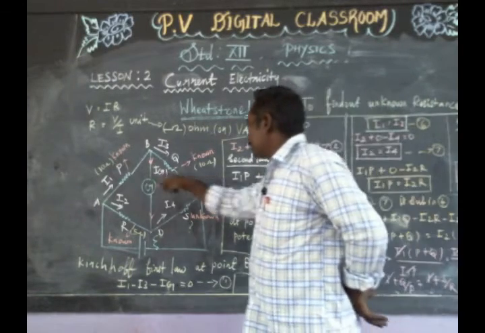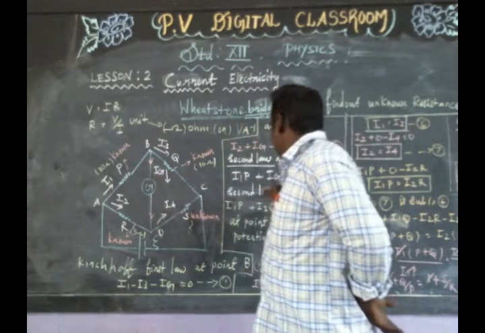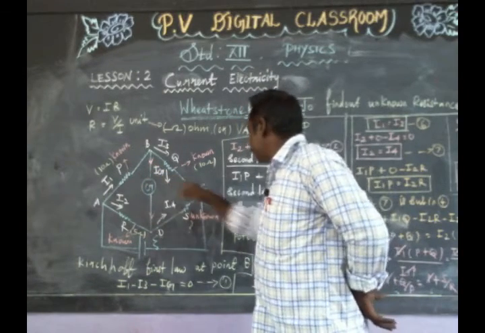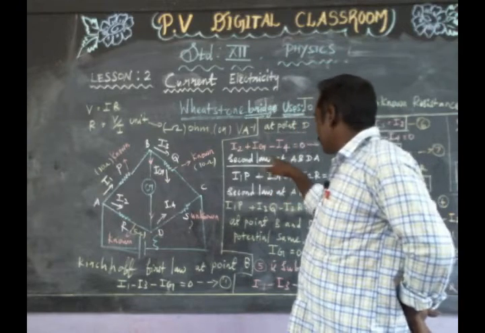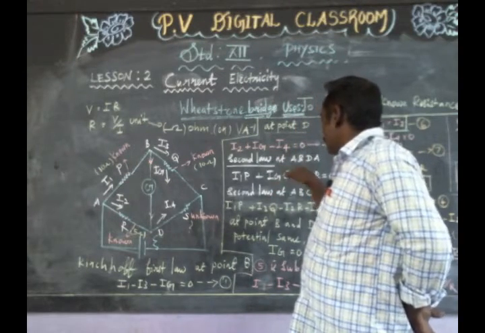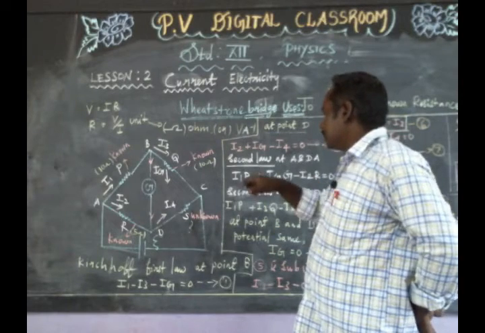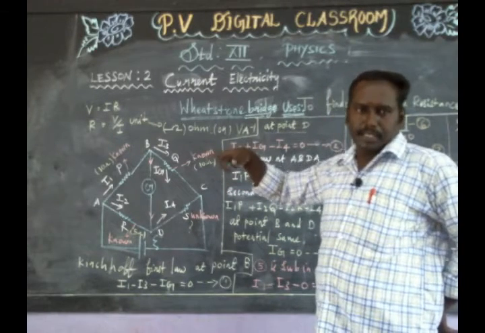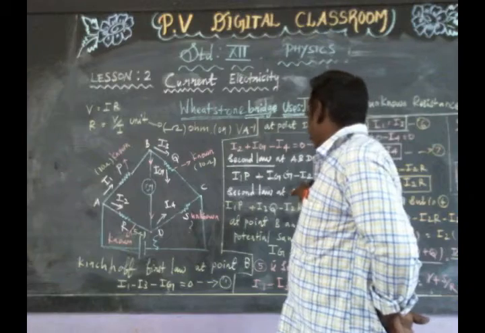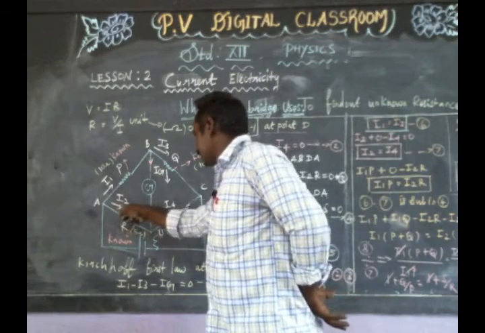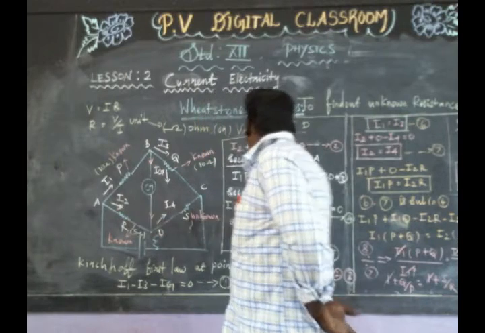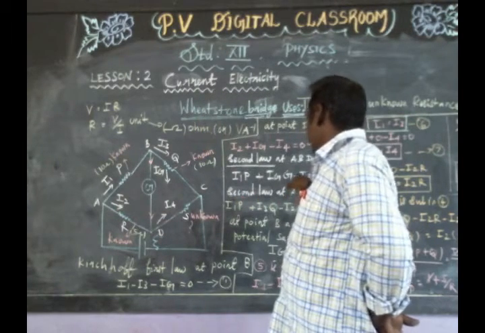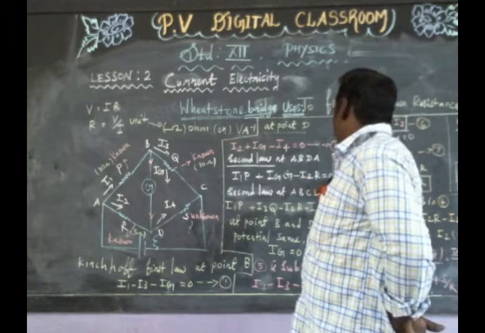Next current Ig and galvanometer resistance G, the product is positive. Then I2 with resistance R is anti-clockwise, so negative.